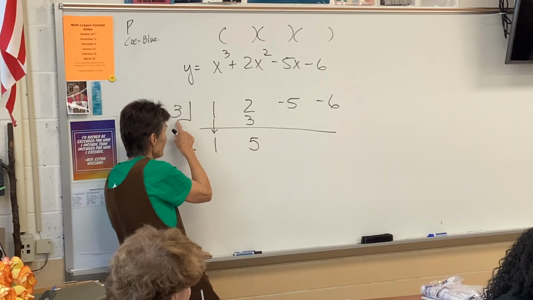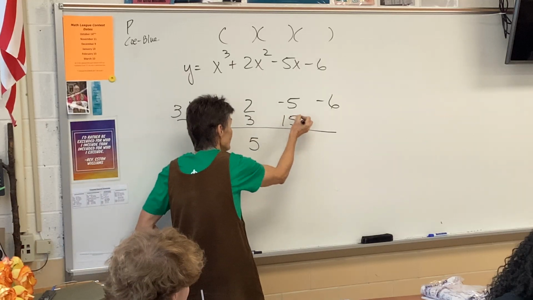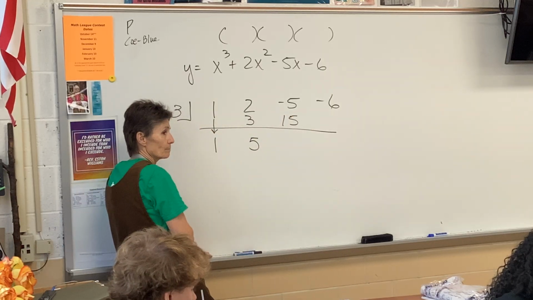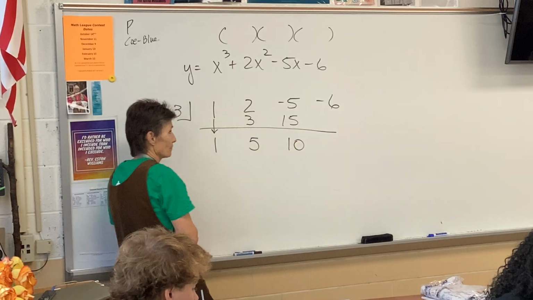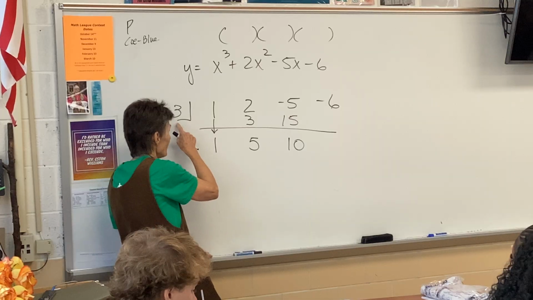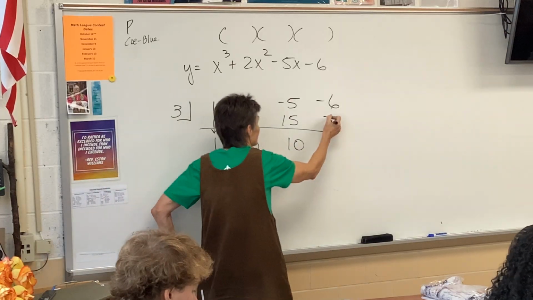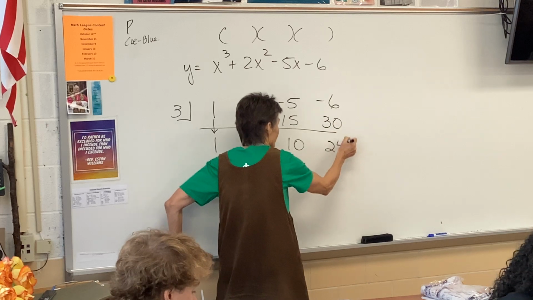And then we're going to multiply 3 times 5 and put the answer here. And we're going to add these. Remember this from last year? Yeah. And then we're going to multiply 3 times 10. Put the answer here and add.